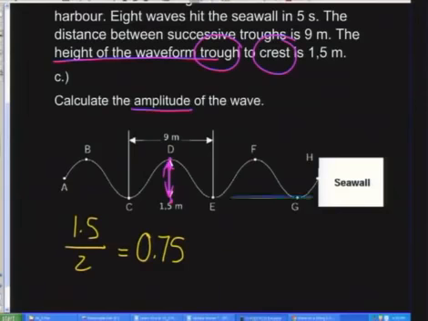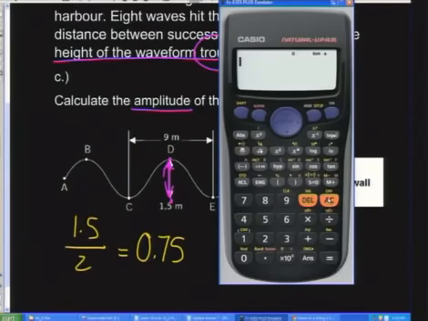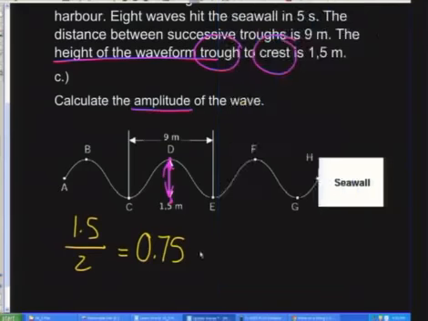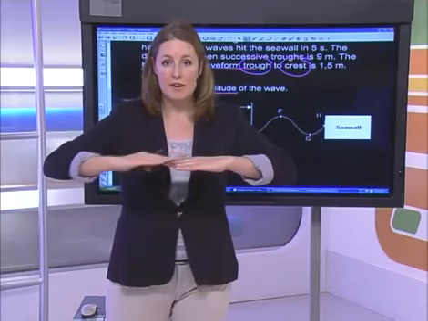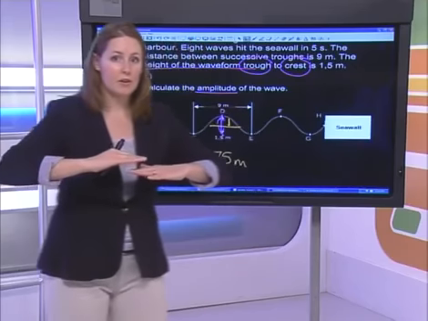We can go and check it if you wanted to. 1.5 divided by 2 is 3/4 or 0.75, which means that this value, and I would need to give a unit in meters, is actually just the top part or just the bottom part. It is the amplitude, the distance from the rest position, from the equilibrium point.